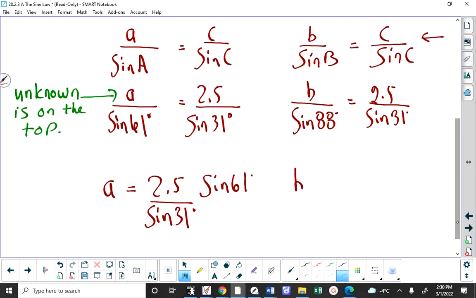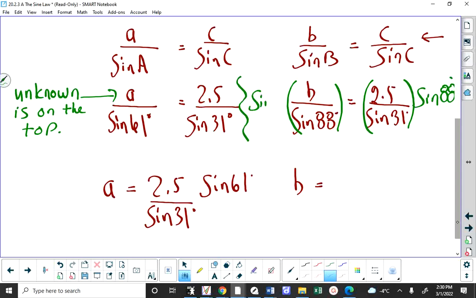So I rearrange this for B by multiplying both sides. I'll show it this time. What I'm doing is this. And the effect that has is these cancel, and I'm left with B by itself. You don't need to show that.